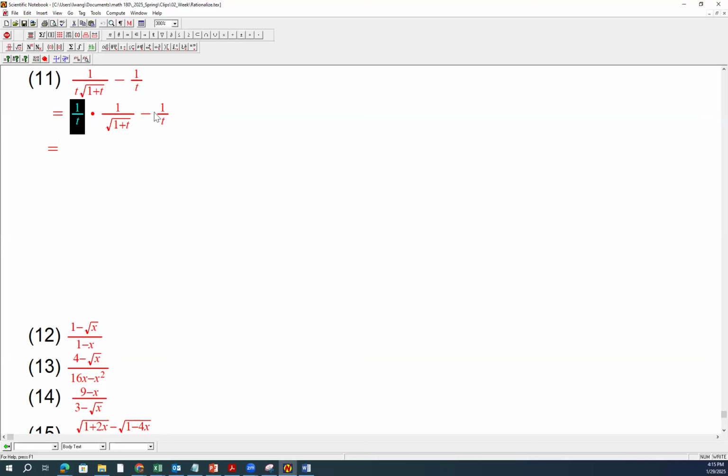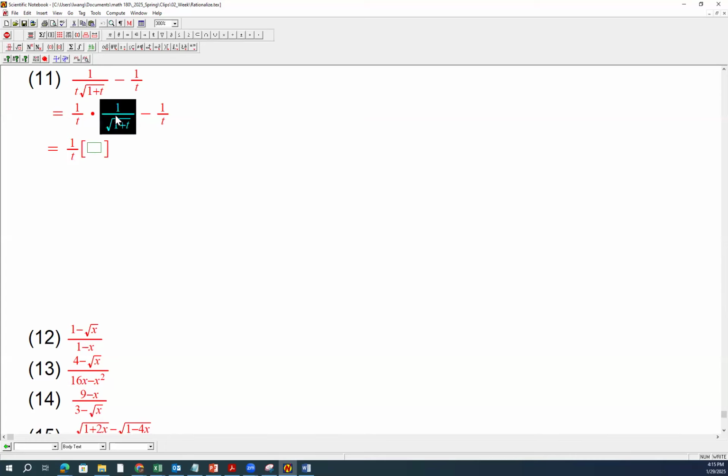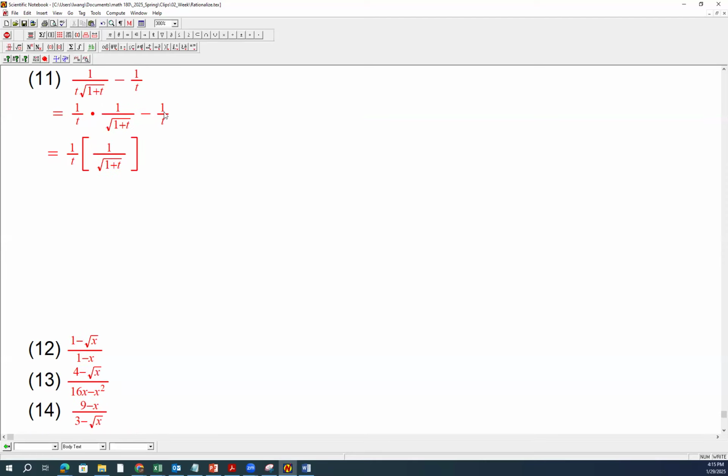Now you can see 1 over t actually is a common factor. So we're going to factor that out. So this piece is the first term left with 1 over root 1 plus t. The second piece is just minus 1. And then you say, we still don't have radicals in the numerator, but keep going.